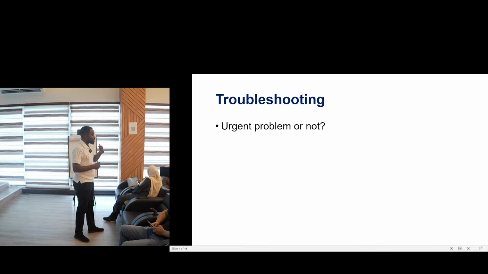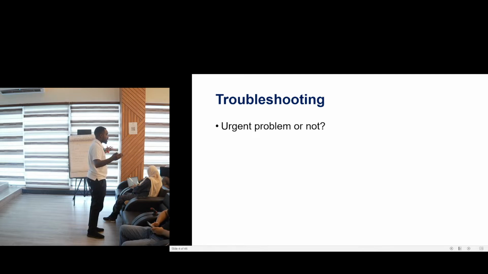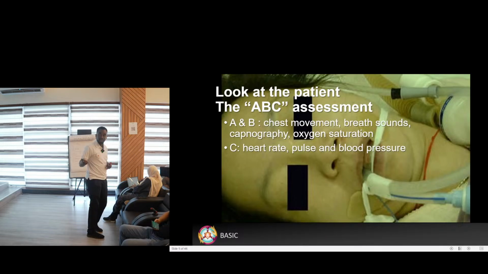So now you know, is the problem an urgent one or not? If it's not, you can solve it with time. But if it's an urgent problem, you'll need help from your colleagues, so that you can come and solve it in a sequential order. So the ABCD assessment.